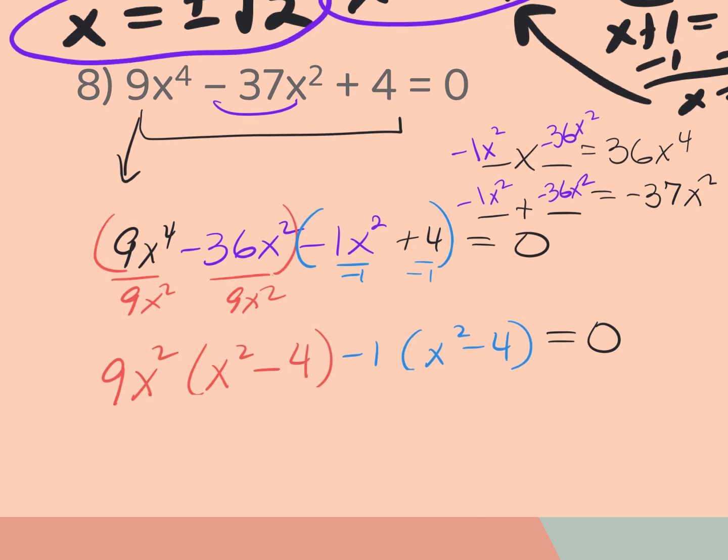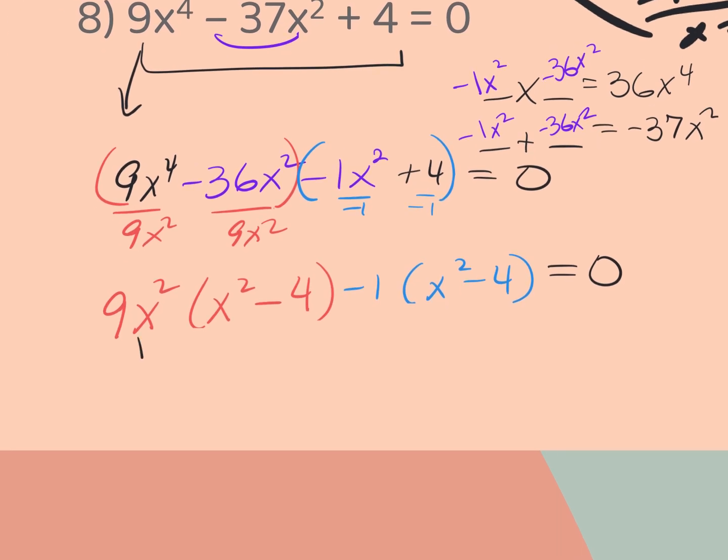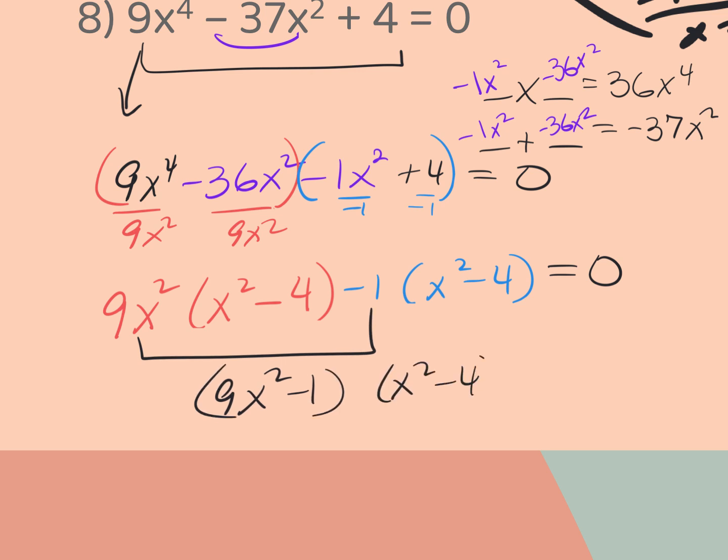And now take the two GCFs you just divided by. They become the first binomial. And then the second one is the one in common. Notice both of these are the difference of two squares. So again, on both of these, you can either factor them or use the square root method. It doesn't matter. I'm just going to factor them.